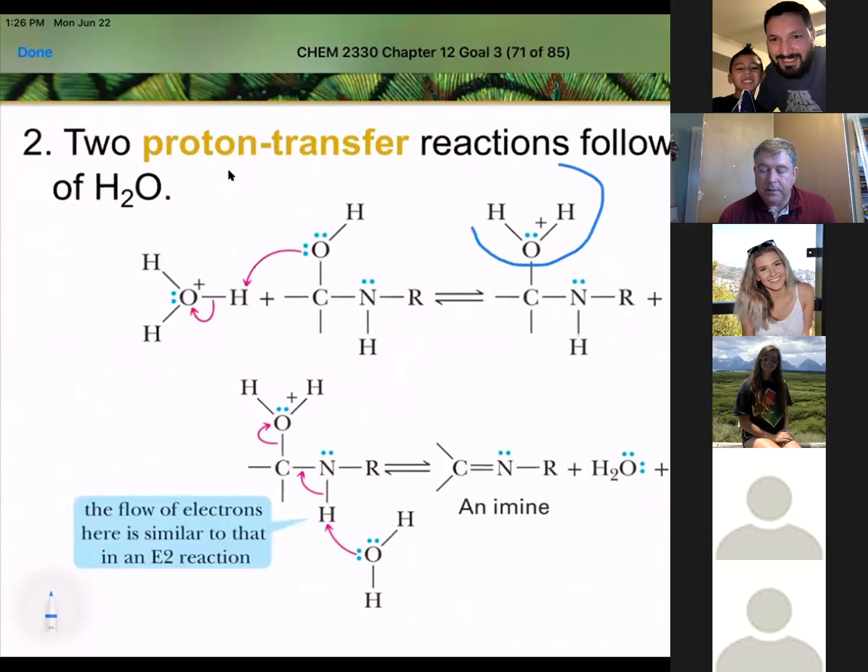Then our electrons kick in and electrons kick out to give us our new carbon-nitrogen double bond from our old carbon-oxygen double bond. Okay, so that's another thing that can happen when we have attack of a nucleophile onto the carbonyl compound.